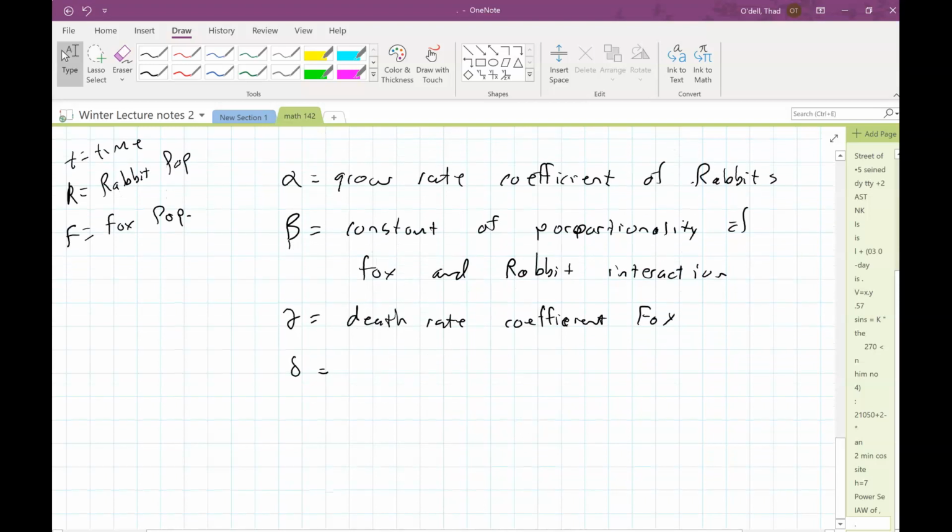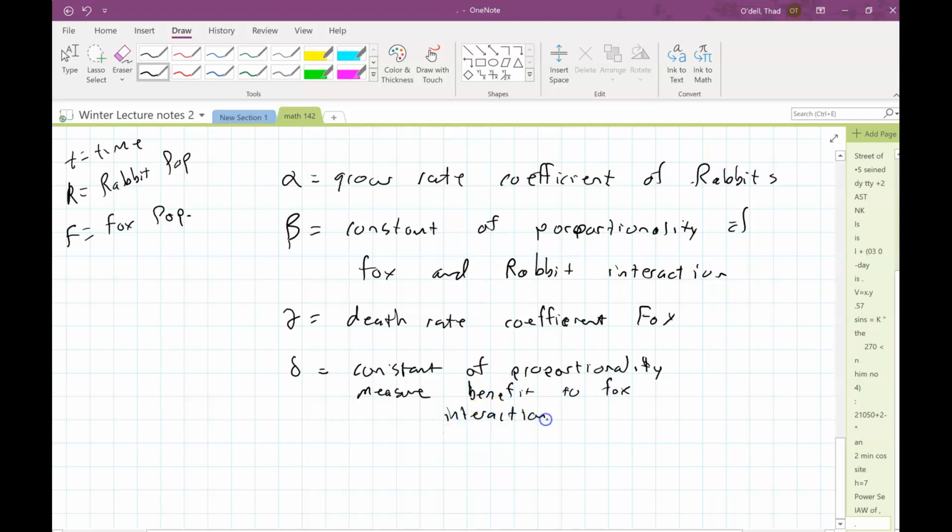And that's going to be the constant of proportionality that measures the benefit to fox in the interaction.